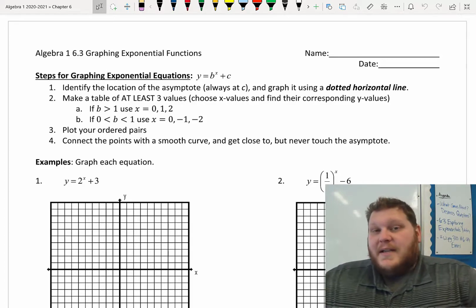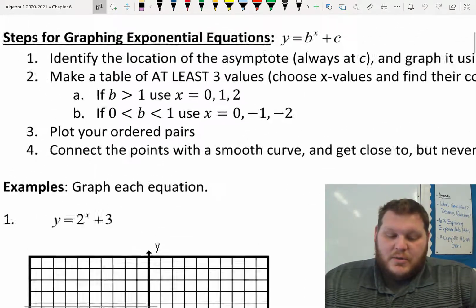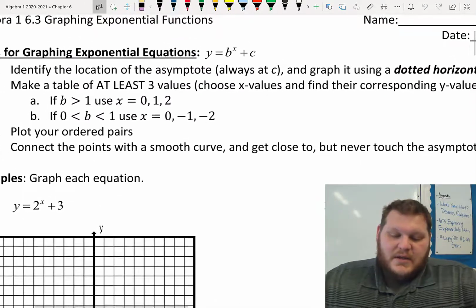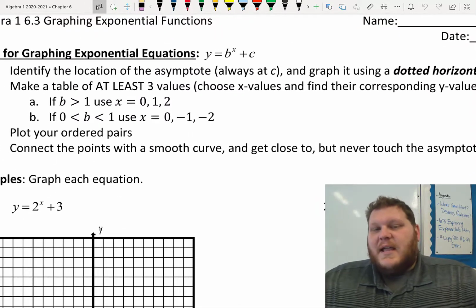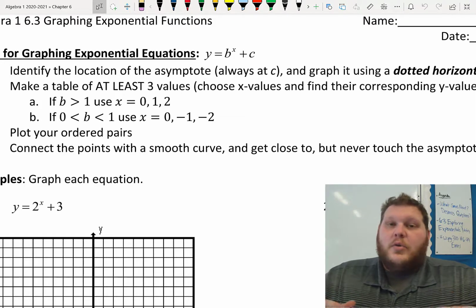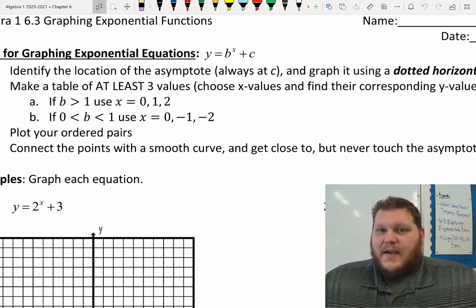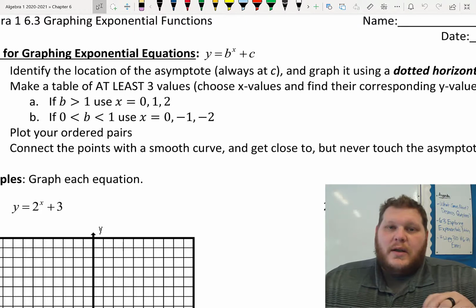Now, I'm already going to tell you which x values we should be evaluating, and it depends on what your base is. So if your base is a whole number, so it's a 2, a 3, a 4, whatever the number is, if that base is bigger than 1, you're going to want to use positive x values. You're going to plug in 0, 1, and 2.